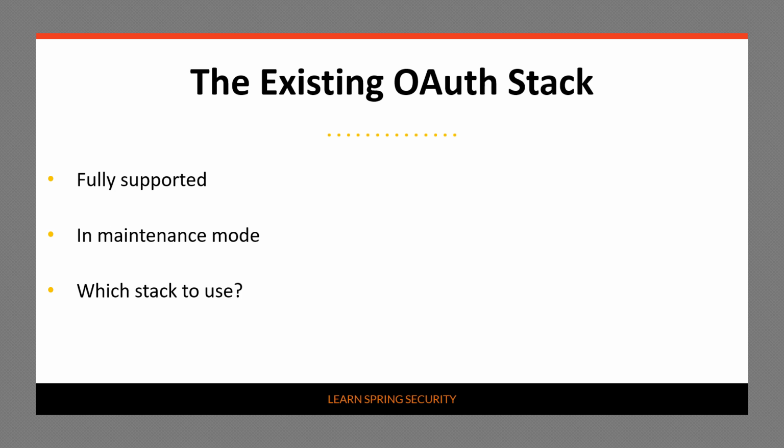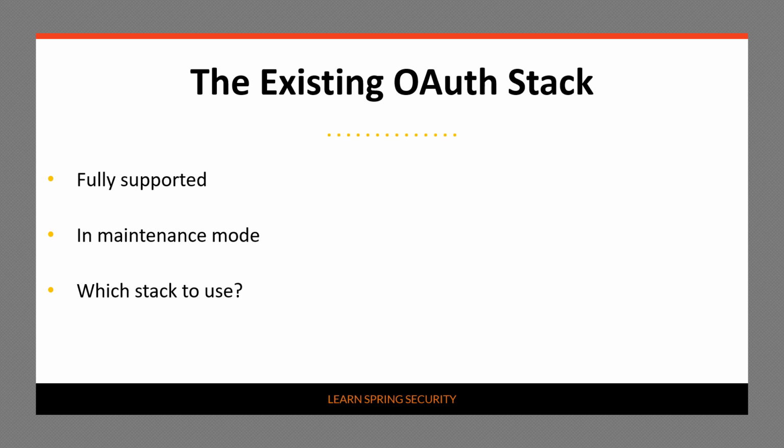So simply put, what that means is that if you're doing an implementation where there is functionality in the new stack and that functionality is already in a general availability release, then definitely use the new functionality. However, on the other side, for example, if you are implementing an authorization server and the support for that is not yet part of the new functionality, then you should be using the existing functionality and the existing stack, since again, that is still fully supported.